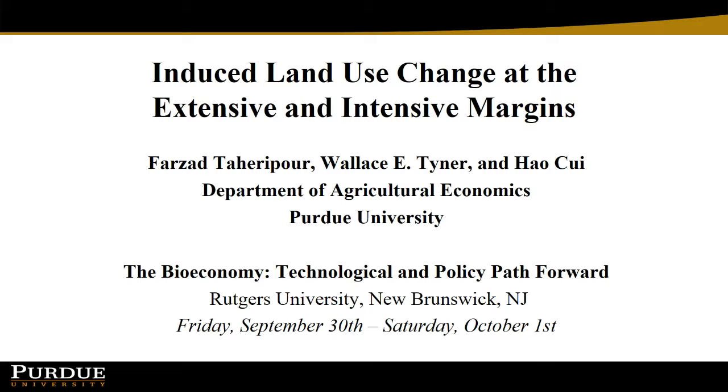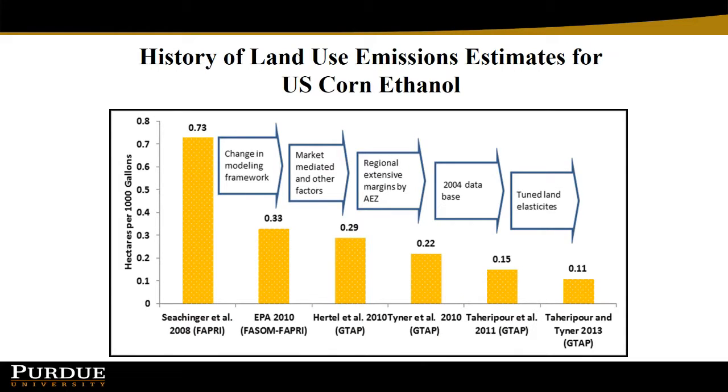Let me just start with a graph that you saw in Madhu's presentation. It is another style of presenting that. So the discussion of induced land use changes due to biofuel production just began 8 years ago. The first paper published was Searchinger's, and he was arguing that if you convert corn, for example, to ethanol production, then it will generate lots of land use changes.